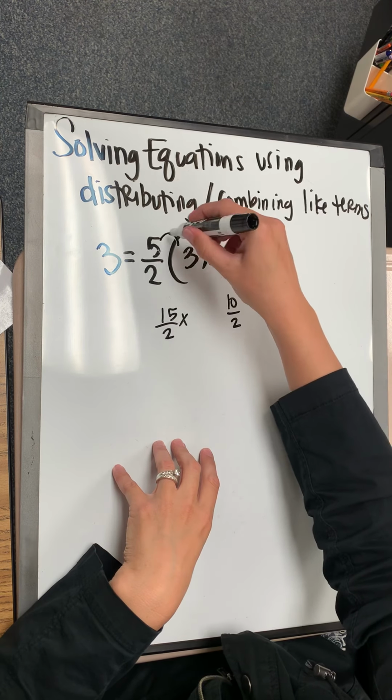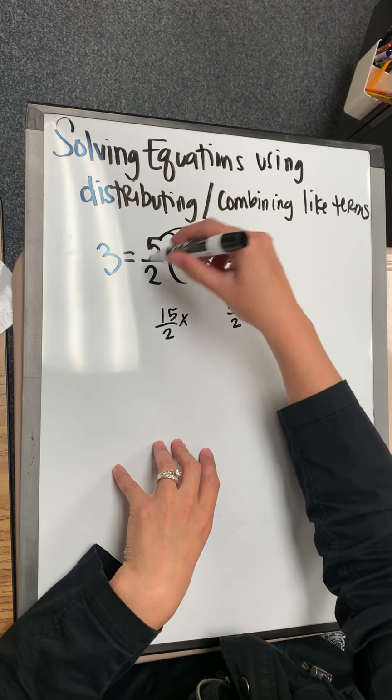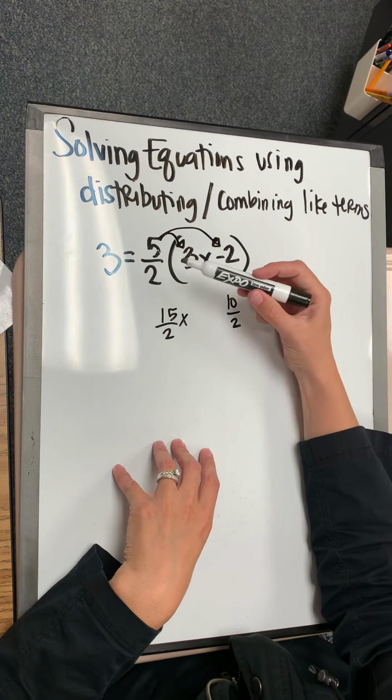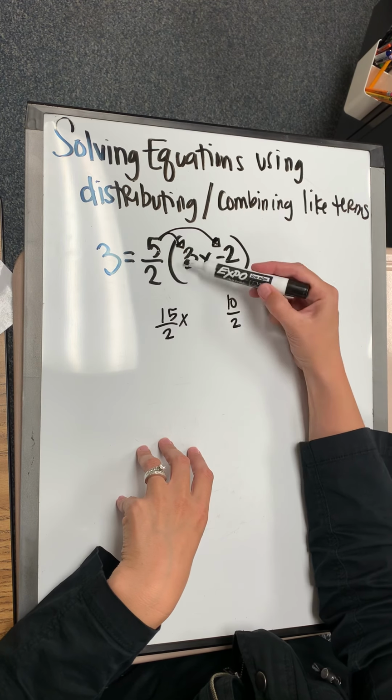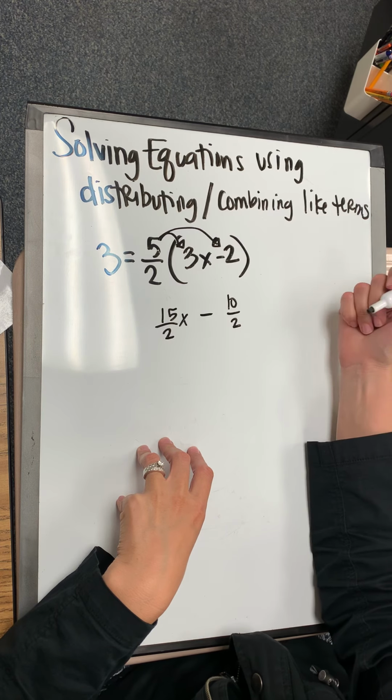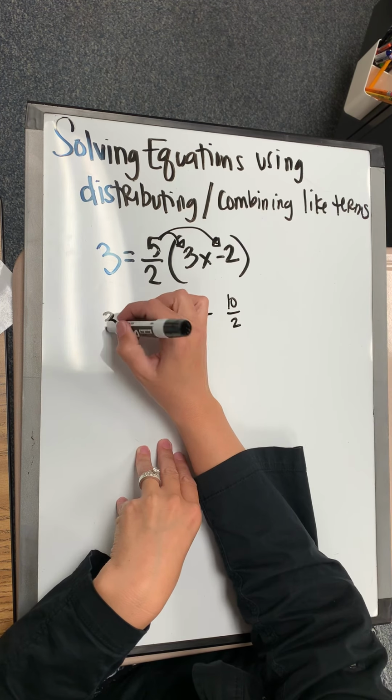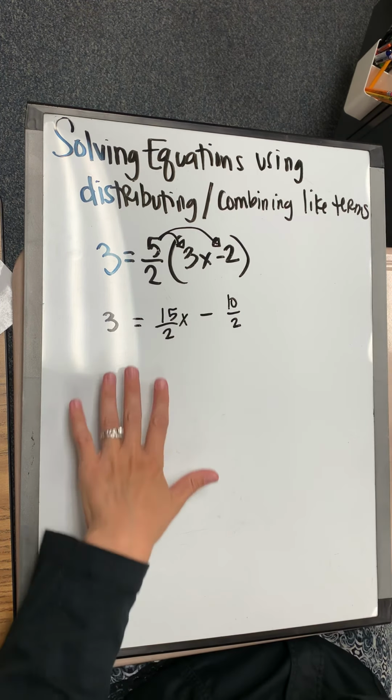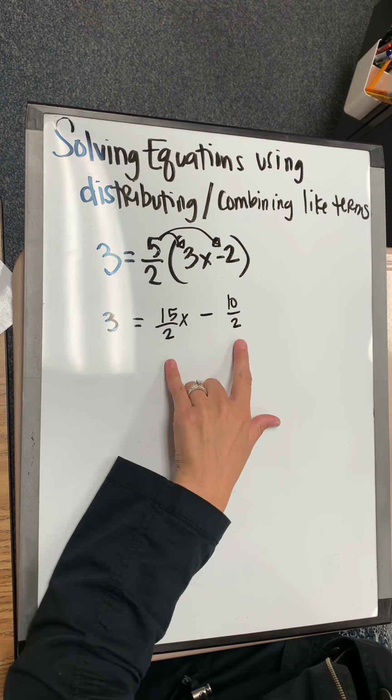So I've distributed my 5 halves through my parentheses. I'm going to check my signs. A positive times a positive is a positive, a positive times a negative is a negative. Now I bring down everything I have. I can see that I want a common denominator.